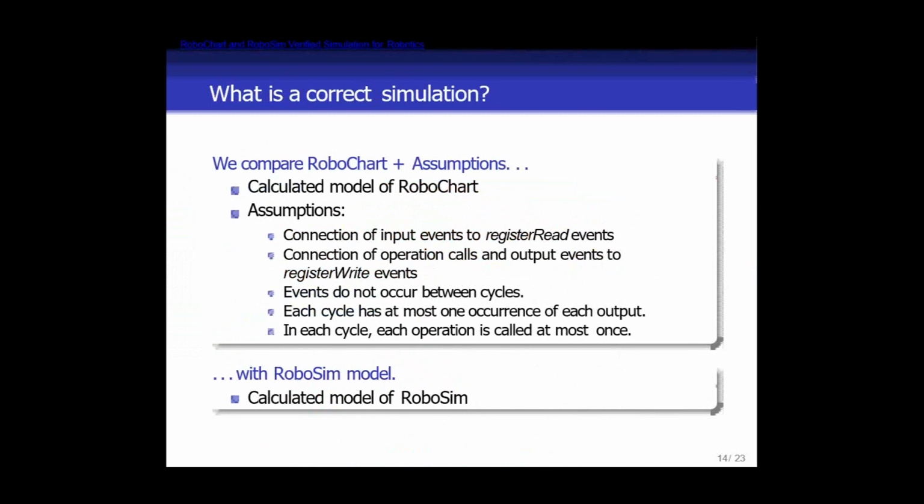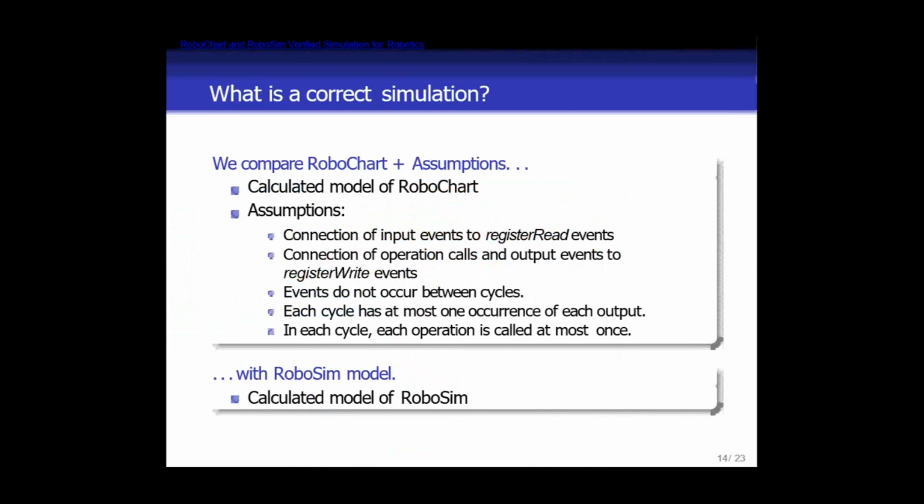So we compare RoboChart and its assumptions to the RoboSim model. From the RoboChart, we can calculate a mathematical object. Nobody needs to see that except for us. You can calculate that mathematical object with the assumptions that we need to make this work, because the robot is not going to work without assumptions.